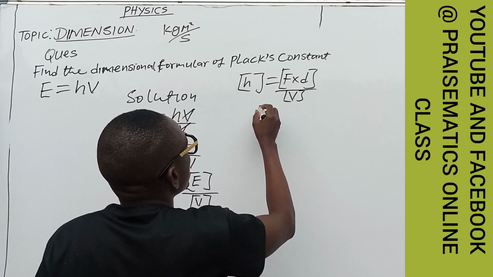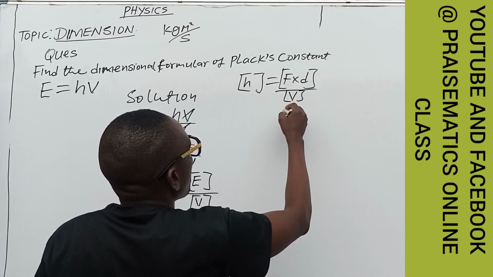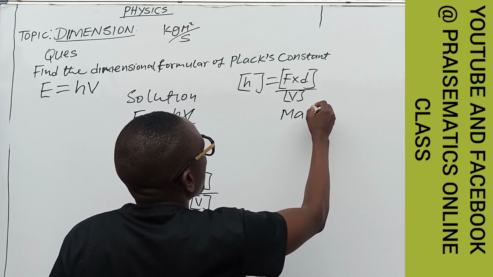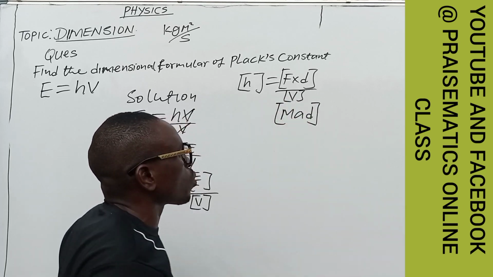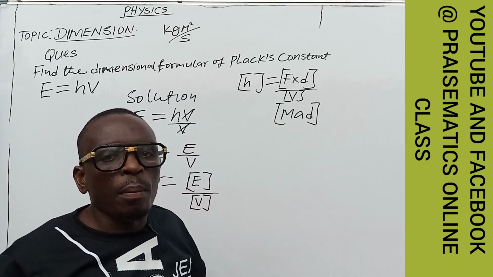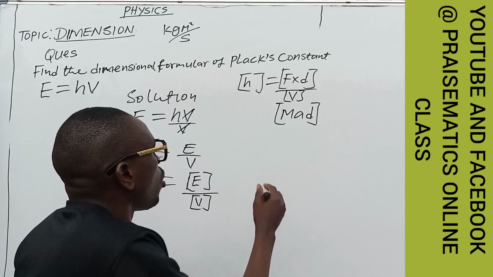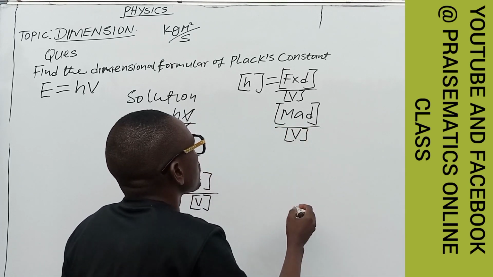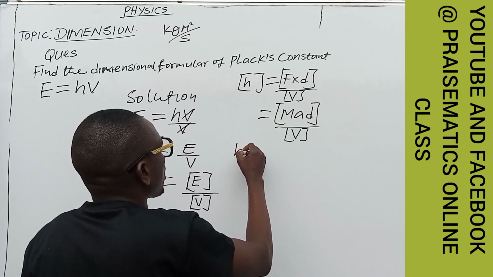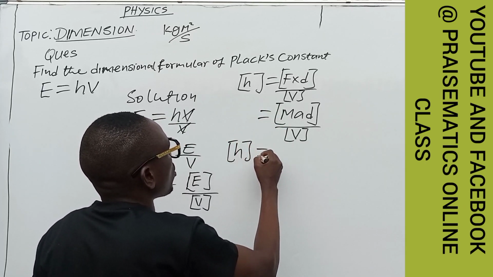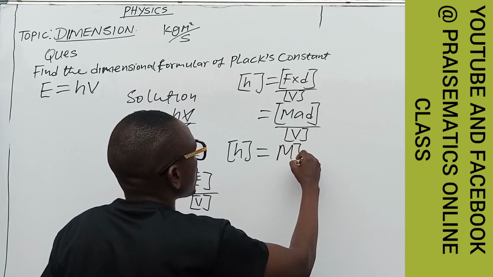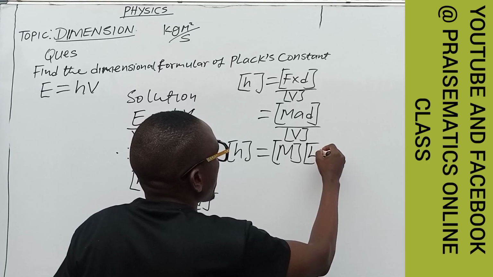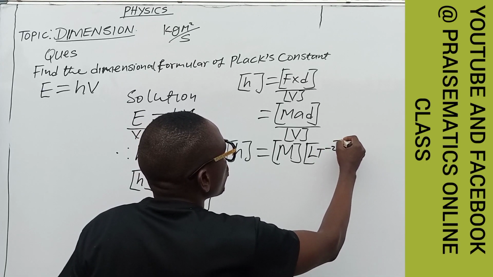Now this is the same thing as, force is mass times acceleration, multiplied by distance, all over velocity. So the dimension of Planck constant is equal to mass into acceleration, which is Lt^-2.